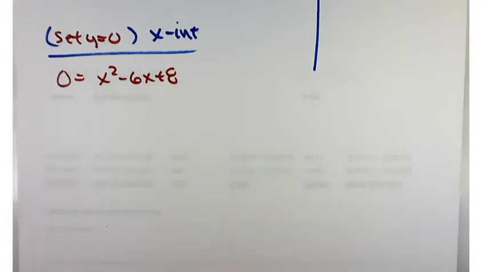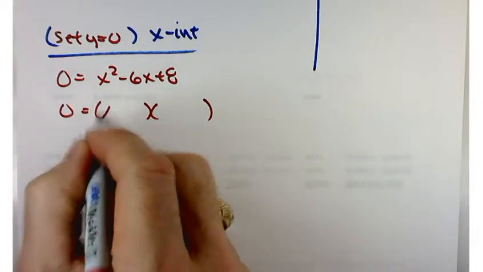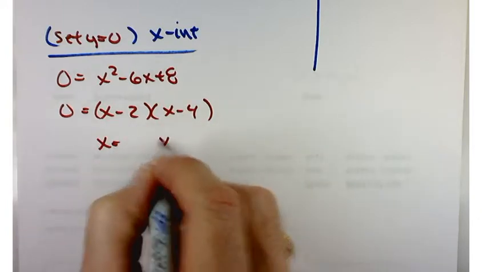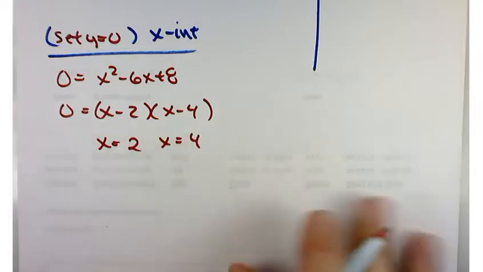Do I need to pull out the quadratic formula for that one? No. That's like squirrel hunting with a bazooka. It's overkill. So what can I do to solve this then? Factor it. It factors as x minus 2 times x minus 4. So my two solutions that I can read off here are 2 and 4.